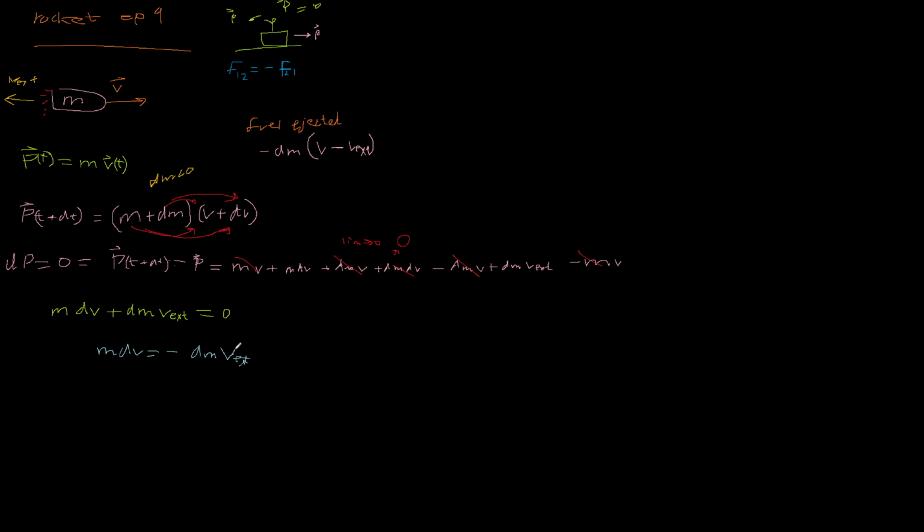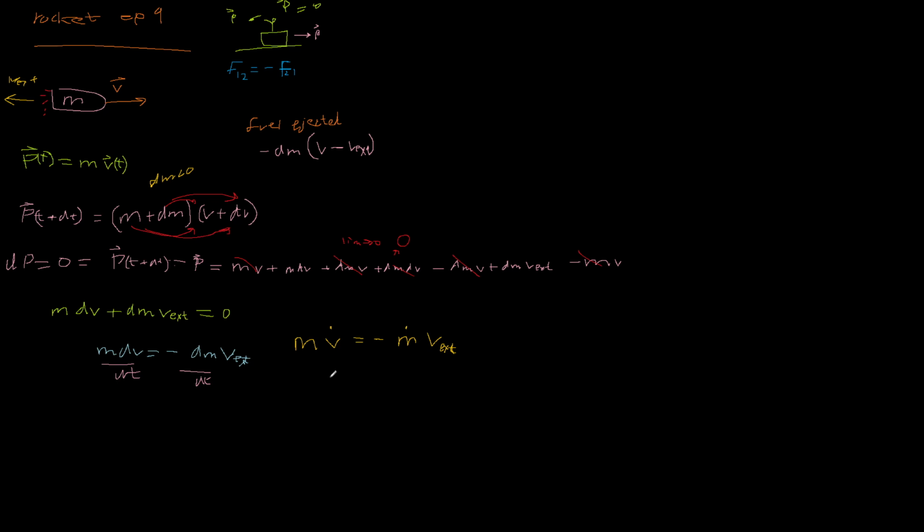And obviously, if we were to divide by dt, we get this final form, v dot equals negative m dot v external. So this is an interesting set of equations here.